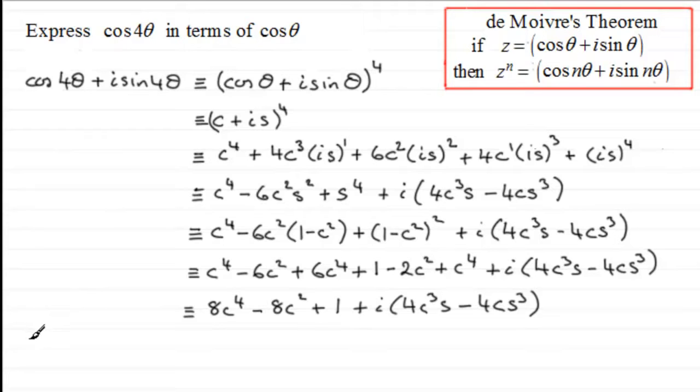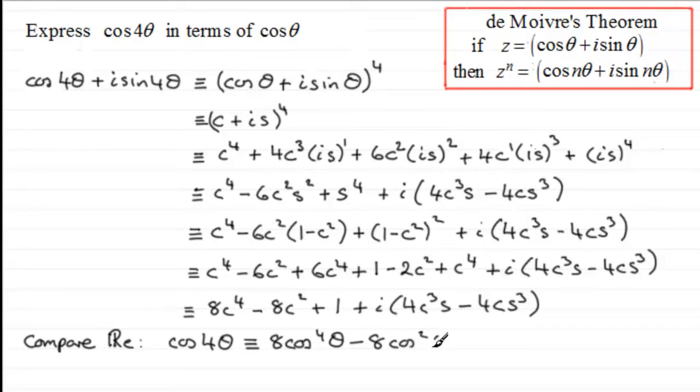So if we compare the real parts, what we've got then is that cos 4 theta is identical to the real part here, which is 8 cos to the power 4 of theta minus 8 cos squared theta plus 1. Okay, well, we've now been able to express cos 4 theta in terms of cos theta.